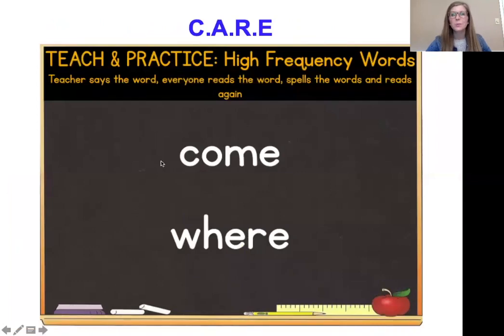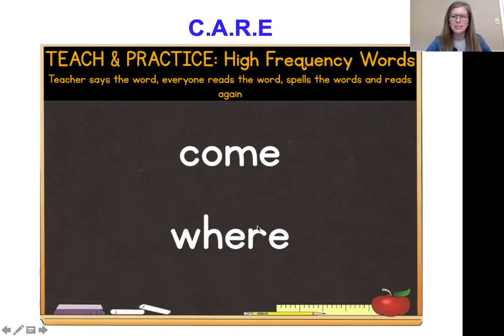Next, let's look at these words we practiced last week in Activity 3. These are sight words we're learning in CARE. Say come. Spell come. C-O-M-E, come. I can use the word come in a sentence. Please come to our classroom.